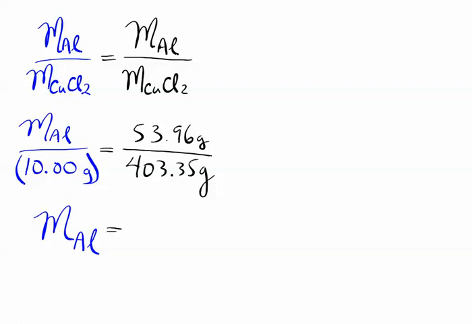Let's calculate, please. 10.00 times 53.96, divided by 403.35 equals 1.34 grams used.